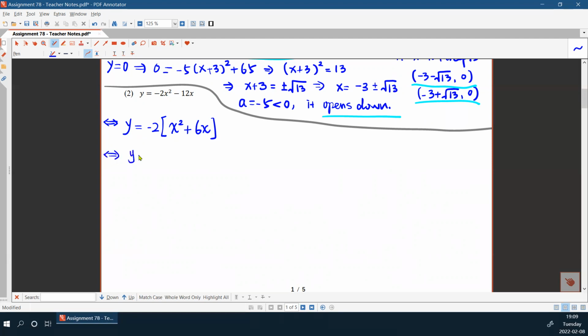Okay, so this is equivalent to y equals -2 times (x plus 3) squared. And of course, if you expand it on a scratch paper, it's x squared plus 6x plus 9. Because there is no 9, we need to subtract it from the original expression. And this is further equivalent to y equals -2 times (x plus 3) squared, then positive 18, right?